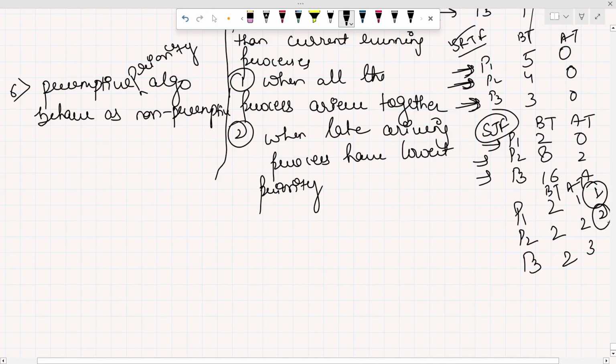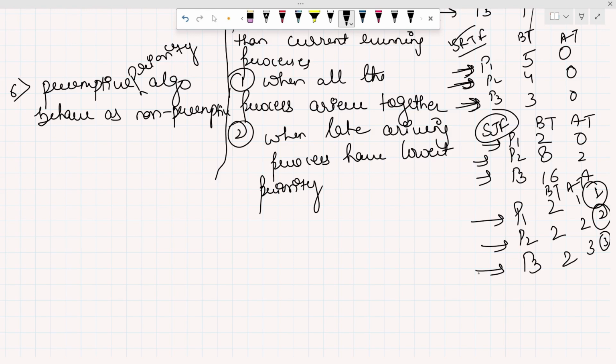P2 has a lower priority, 2 meaning smaller than the previous one, and 3 means the lowest one. What happens if the late arriving process has the lowest priority? Then the preemptive priority algorithm also behaves in a non-preemptive way.